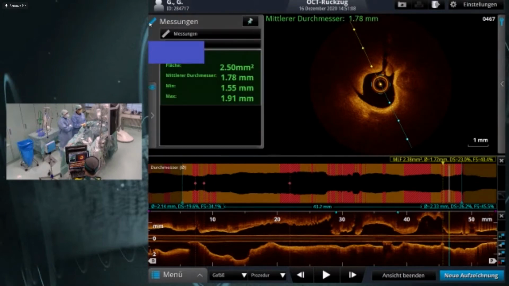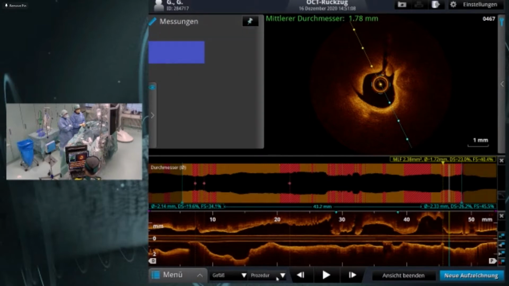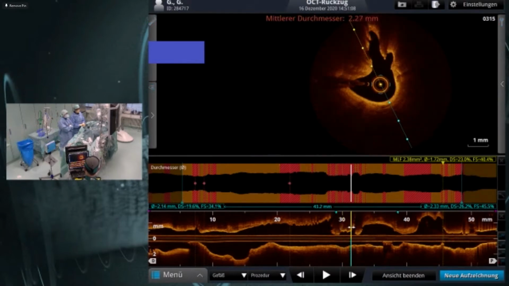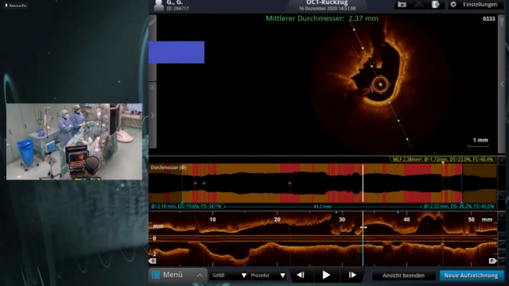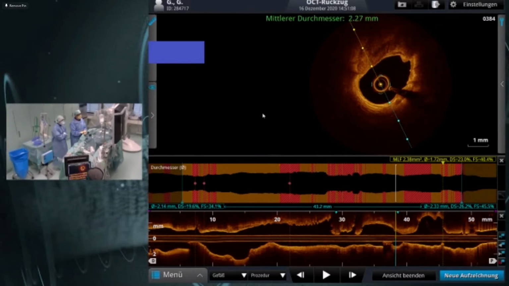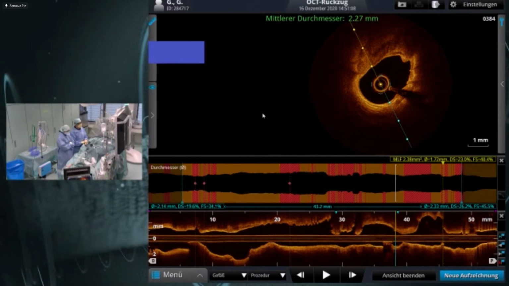So this is the first problem, where we have to understand that probably with 2.0 to 1.5, maybe the burr is not as efficient as we would like. And as you know, in eccentric lesions, sometimes we have also a wire bias. So therefore, the question is: are we really doing a great modification with rotablation here?